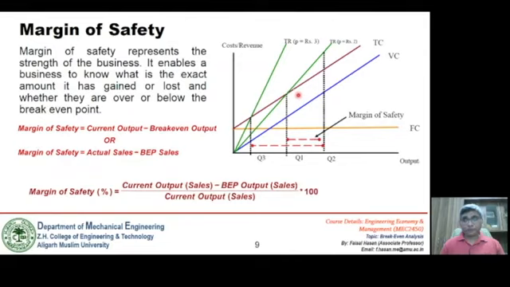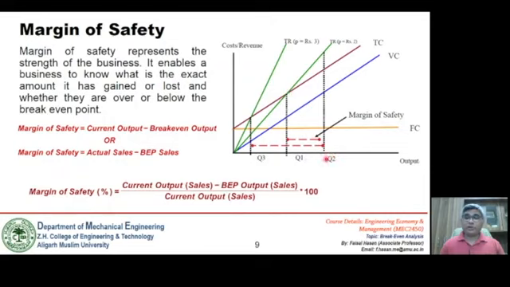Simply, if I show you this on this diagram, the margin of safety is where we are operating our business in terms of units sold, compared to the break-even quantities.